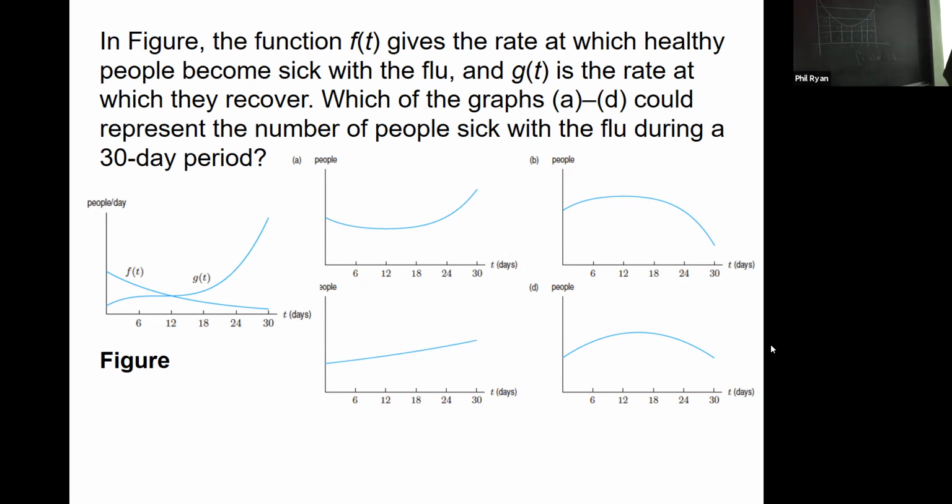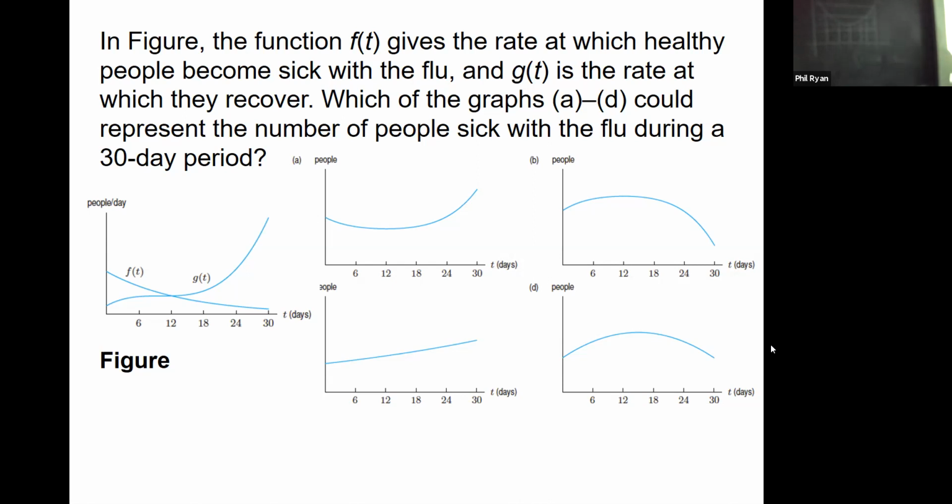Which one of these represents the number of people sick during that period? This one's a little bit trickier, right? What is the derivative of the number of people sick going to be in terms of F and G? F minus G, right?